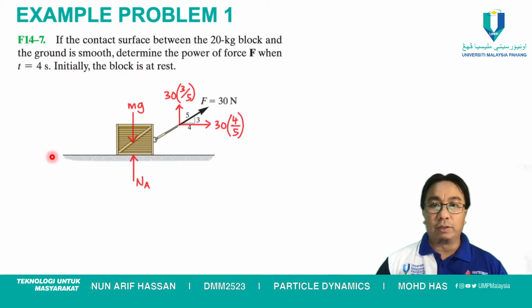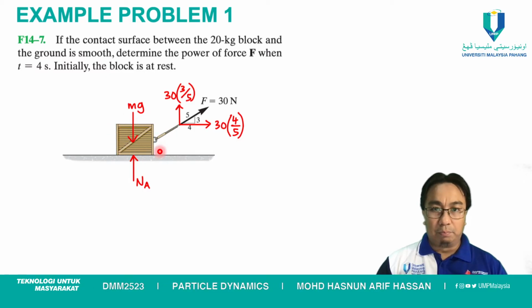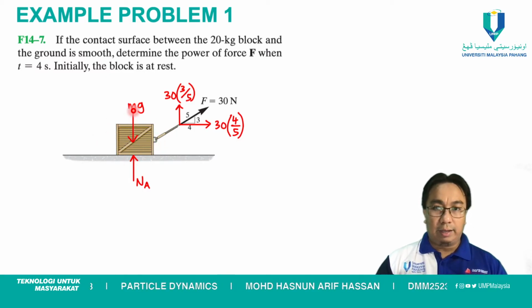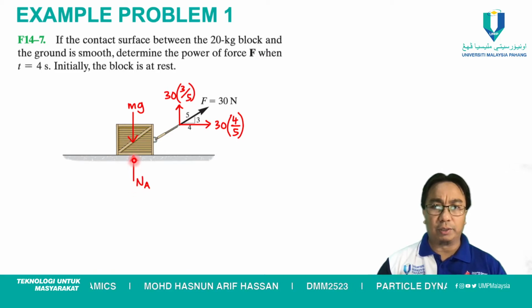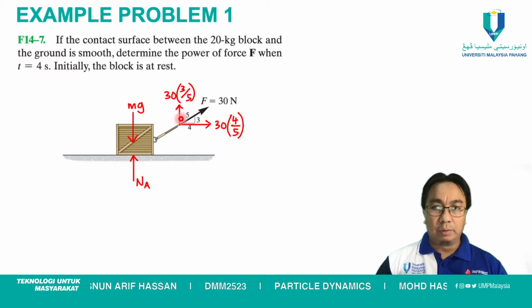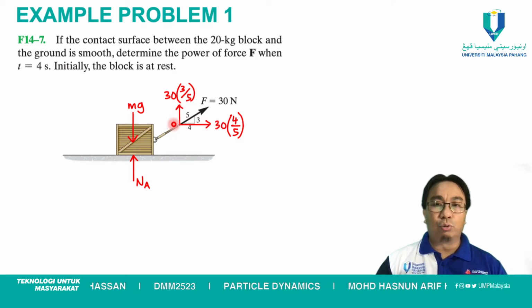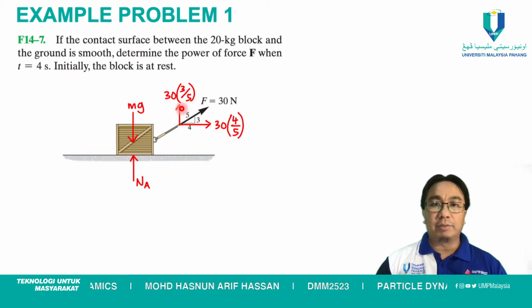So first we're going to draw the free body diagram. This block or box here has the weight pointing down, the normal force pointing up, and the force F here we can break down into components of X and Y. So we have 30 times 4 over 5 for the X component, and 30 times 3 over 5 for the Y component.